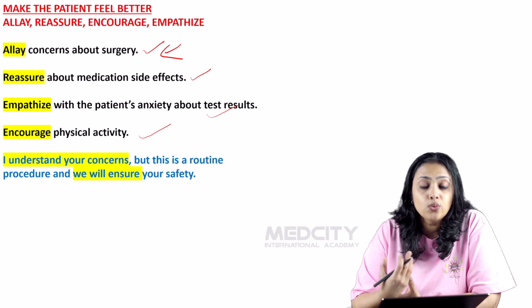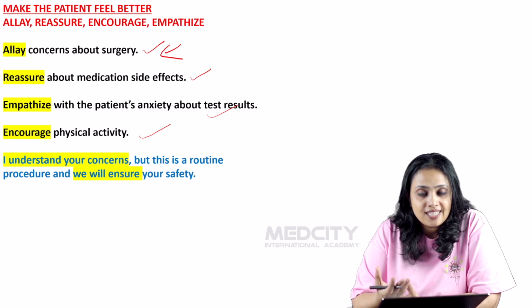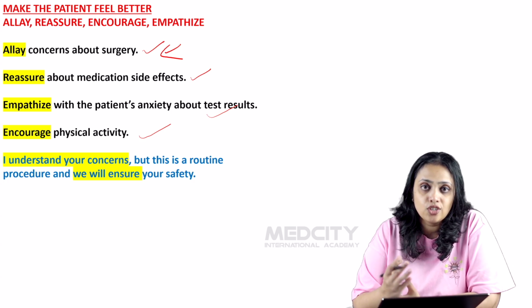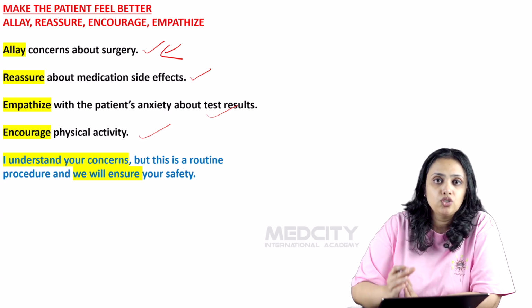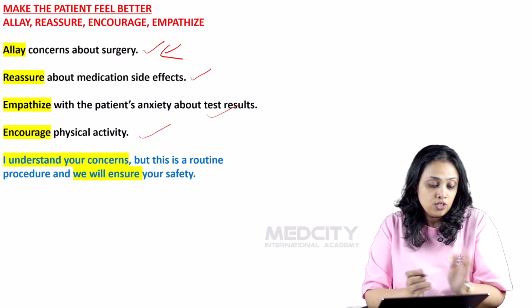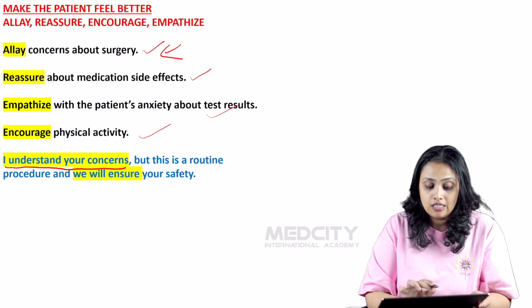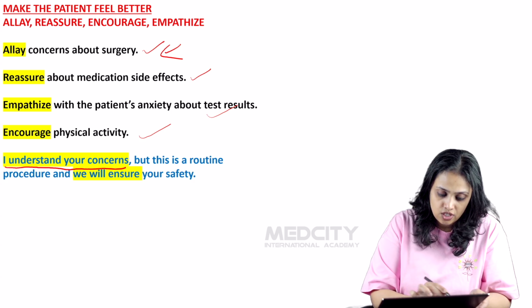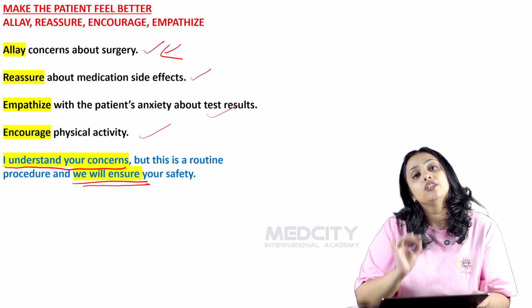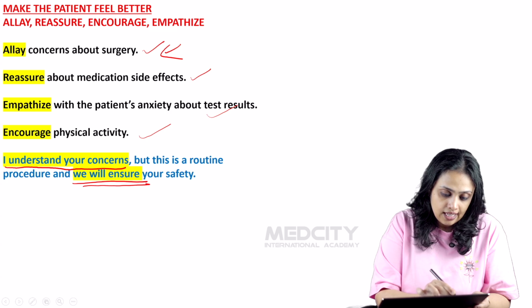No, you have to make the patient feel that you empathize with him or her, you understand his or her condition, and then give assurance. Then make the patient feel that you are there with the patient. So first you acknowledge: "I understand your concern, but this is a routine procedure and we will ensure your safety." Okay. Now let's look at the second one.